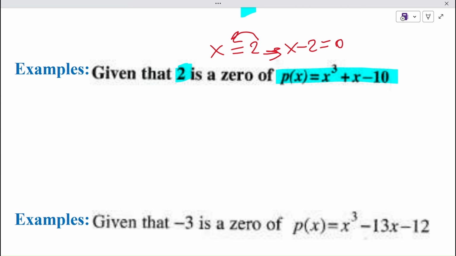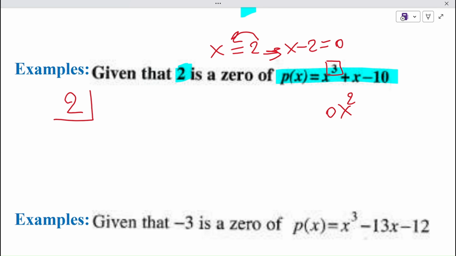For the synthetic way, just write 2 here like this. Then look at your polynomial. I told you at first, just look, is that in the general form? No, because here we have exponent 3, then where is 2? You have not 2. You have to write 0x to power 2, then x, then minus 10.